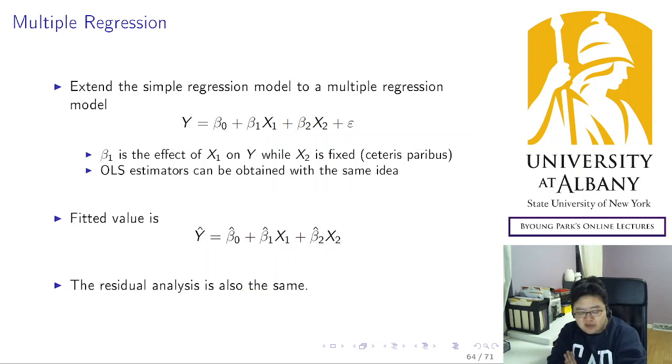Okay, so in the previous video, I explained we can include more variables if available and if you think they are important. So we extend the simple regression model to a multiple regression model. Earlier, we had only one x, right? So beta 0 and beta 1x was the end of the equation, plus epsilon, of course.